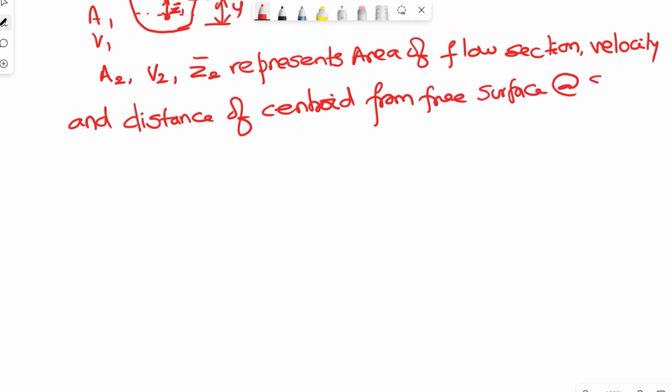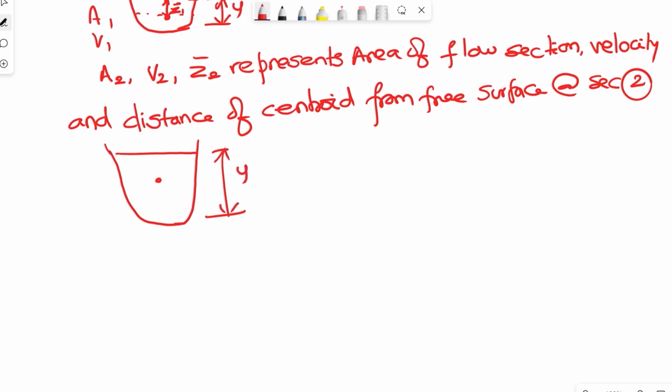At section 2, this is y2, Z2 bar, A2, V2 velocity.